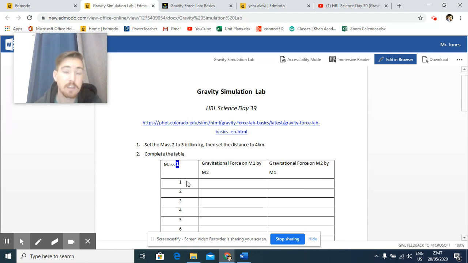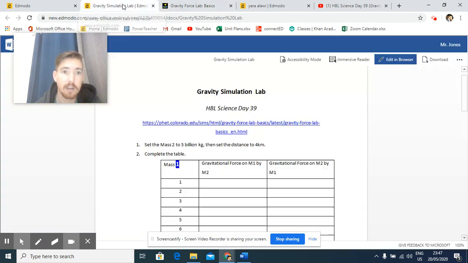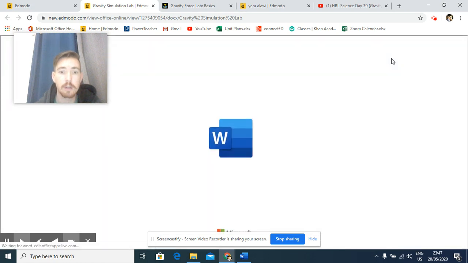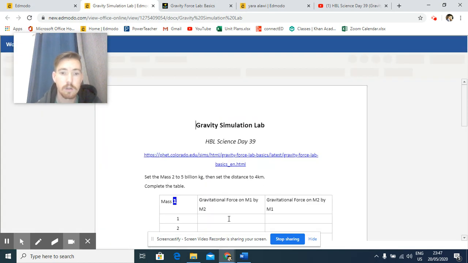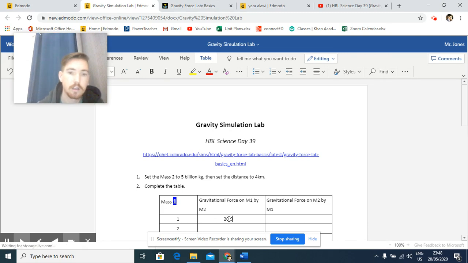So if mass 1 is at 1, up here is our gravitational force. Force on mass 1 by mass 2 is 20.9 newtons. I'm pretty sure I did this in the video yesterday, but just to be sure, we're going to edit in browser. 20.9 newtons.